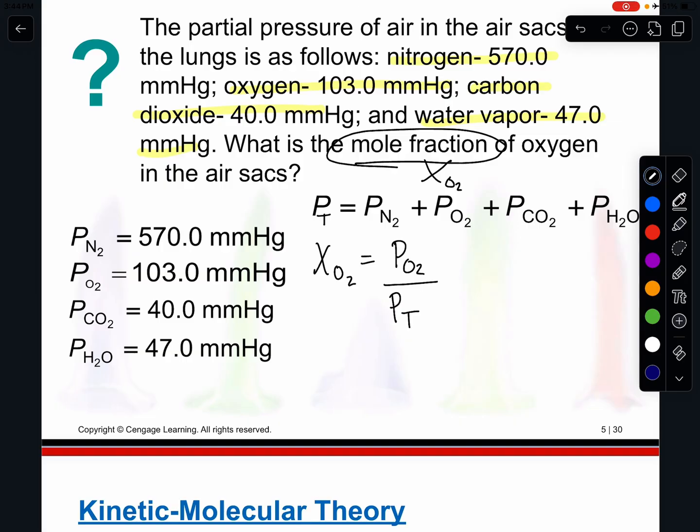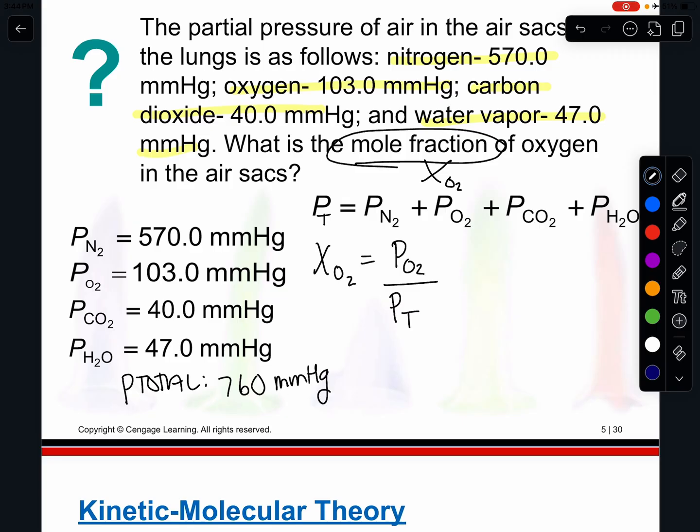Let's solve for our total. Let's just add up all of our amounts: 570 plus 103 plus 40 plus 47. That gets me a P total of 760 millimeters of mercury, which is actually 1 ATM.